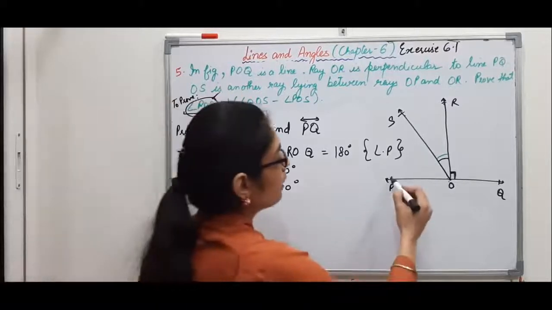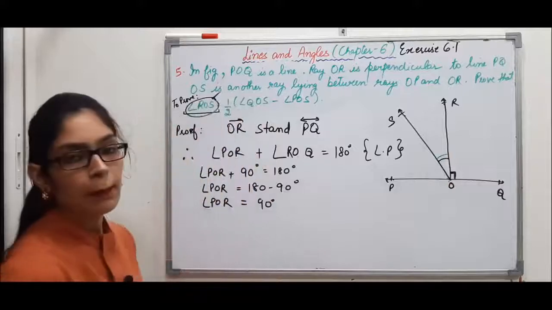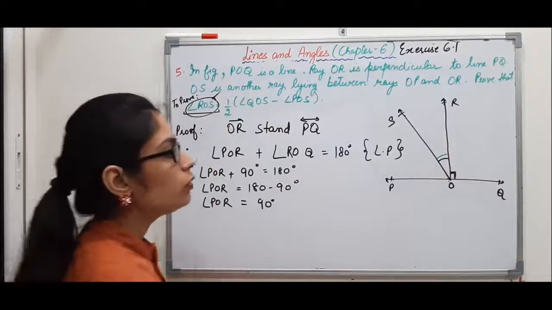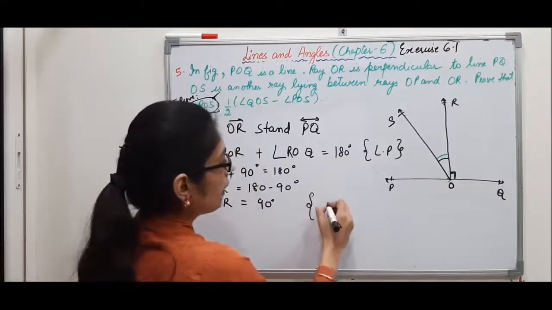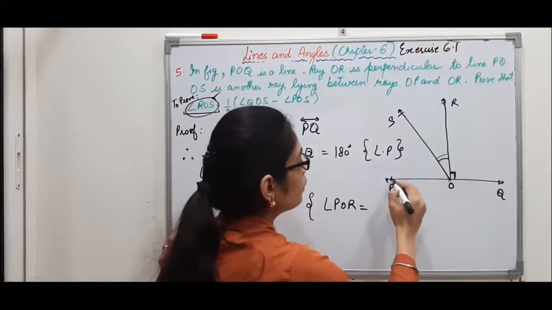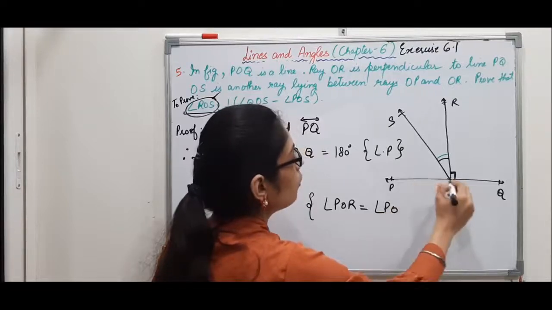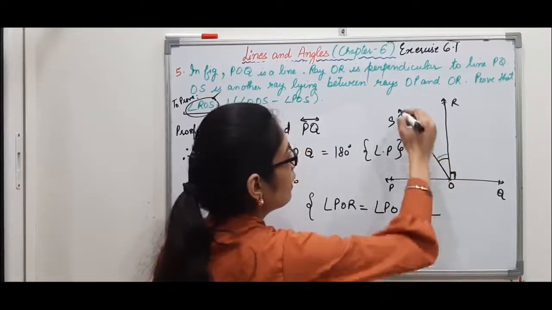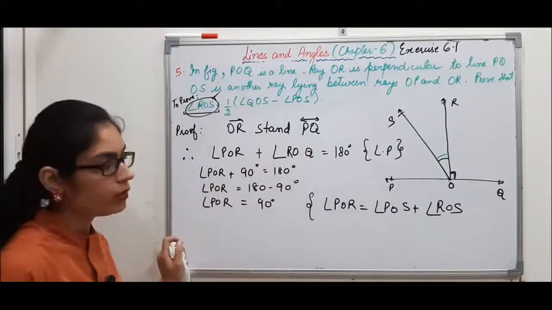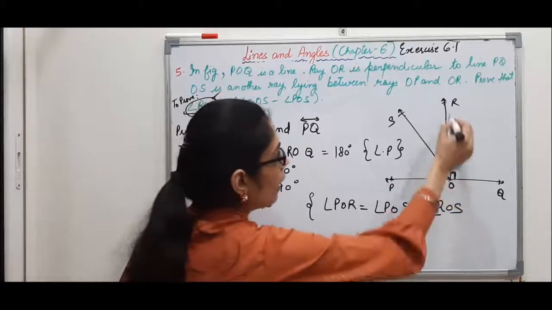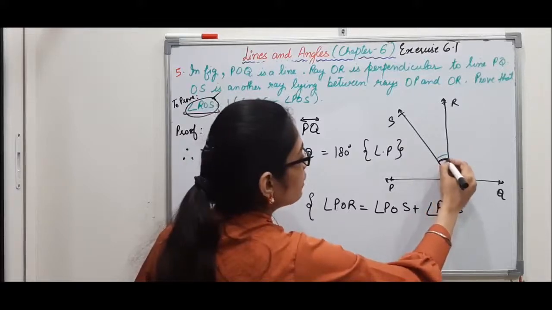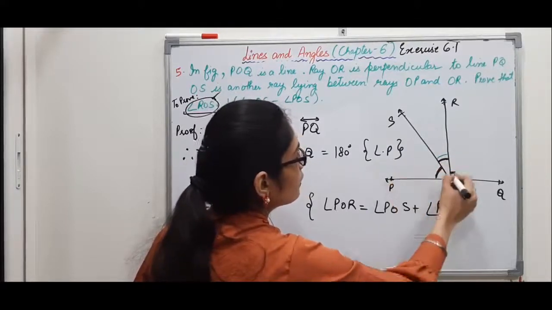And if you see this angle POR, this concept we have already done in question number one also, and in other questions also. So now we can write angle POR is equal to angle POS plus angle SOR, or ROS we will write, because we need ROS. See, if we add these two angles, we'll get this complete angle POR.